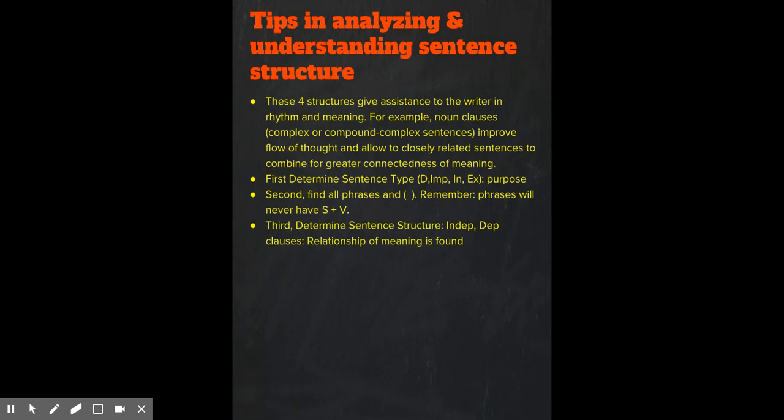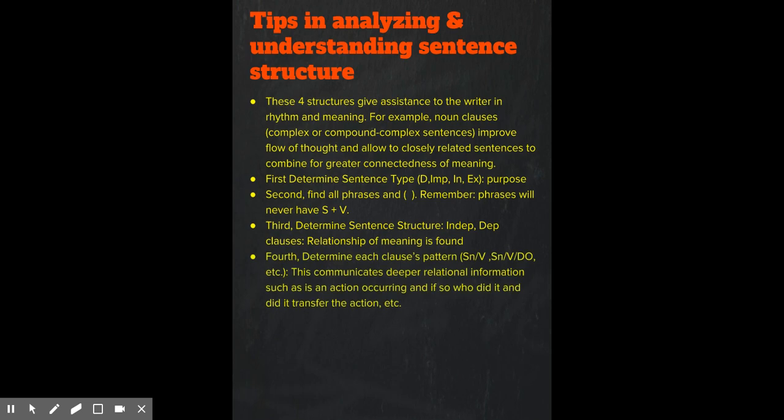You want to look at whether it has independent or dependent clauses. Those things tell you the relationship of the meaning. And usually if they're two independent clauses coming together, they're very close in nature.